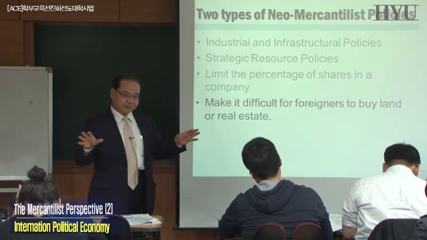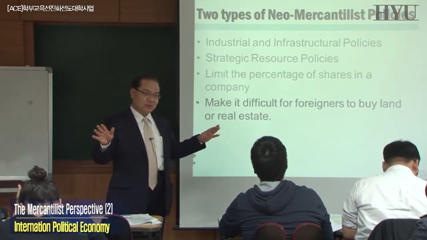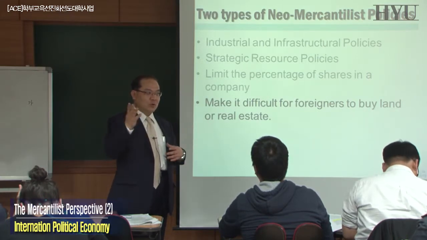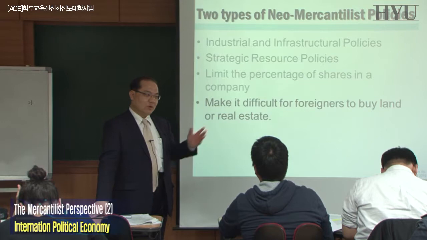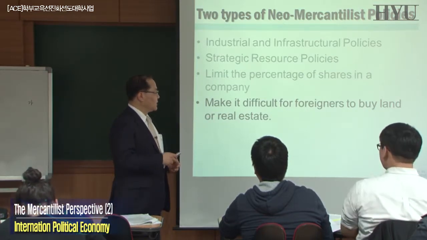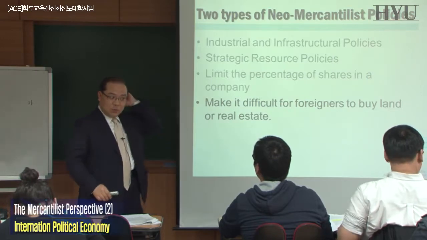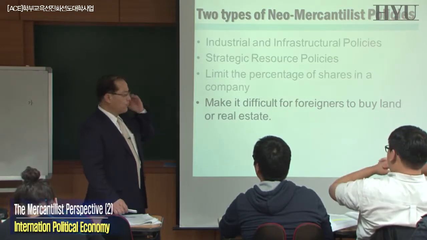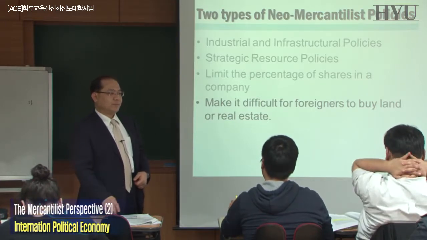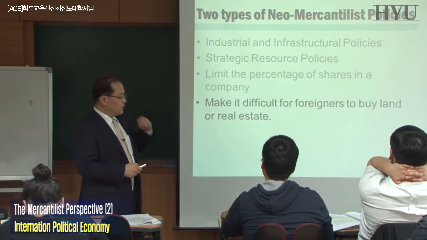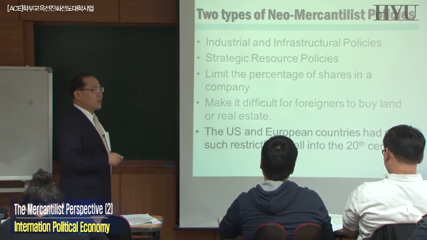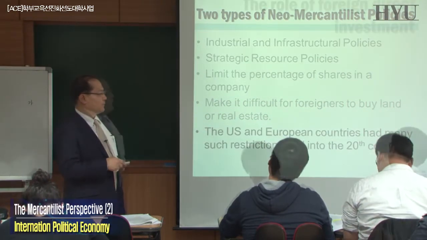No government on earth opens up company shares freely to foreigners. No government does that, right? Somehow they make it difficult for foreigners to buy real estate. This is common sense. And America and European countries did it.